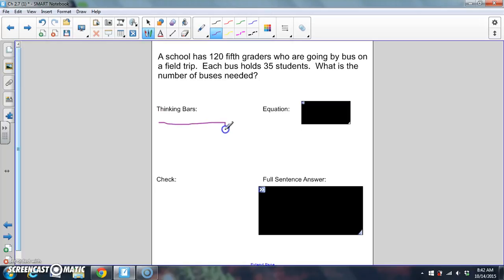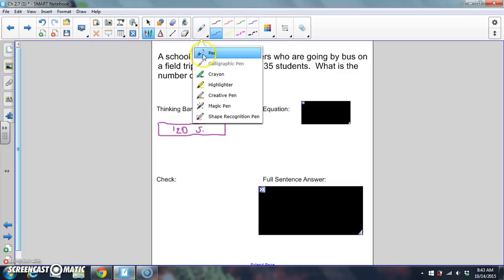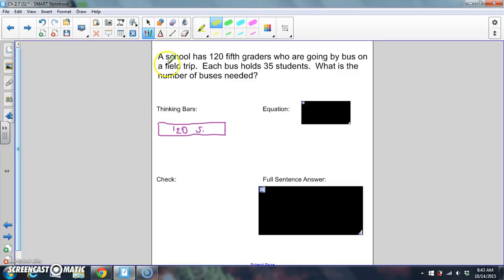So a school has a total of 120 students. I'm just going to put an S for students. Okay, I'm going to check with my school has 120 fifth graders. Okay, I've done this information.